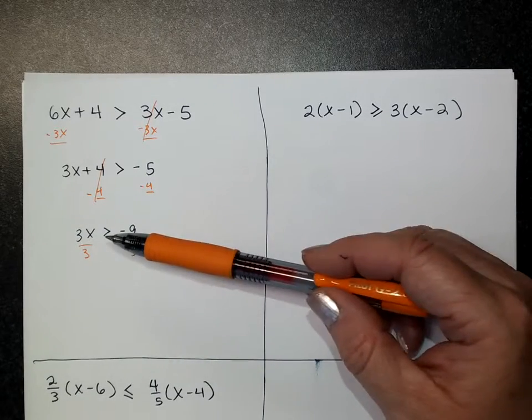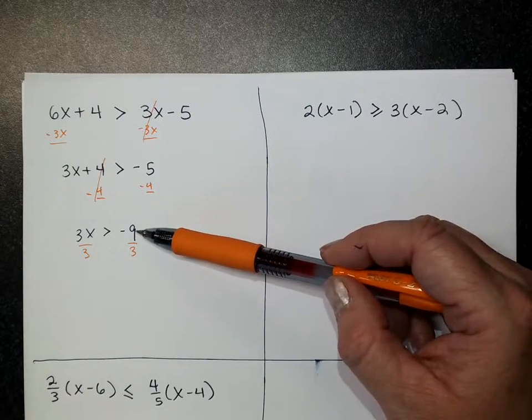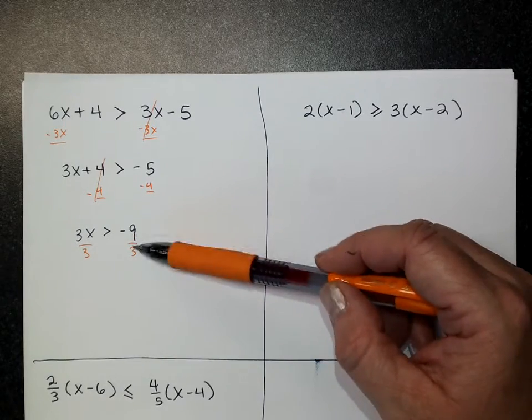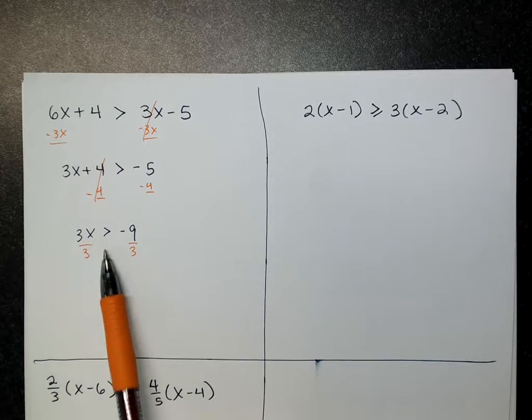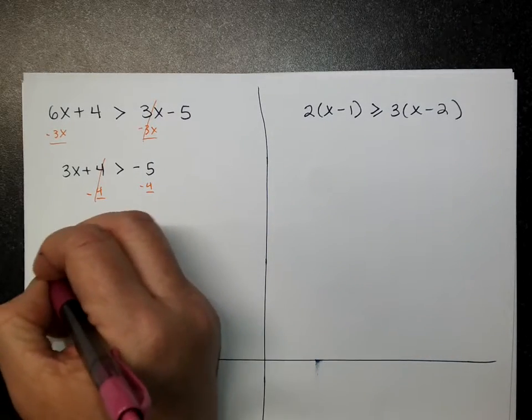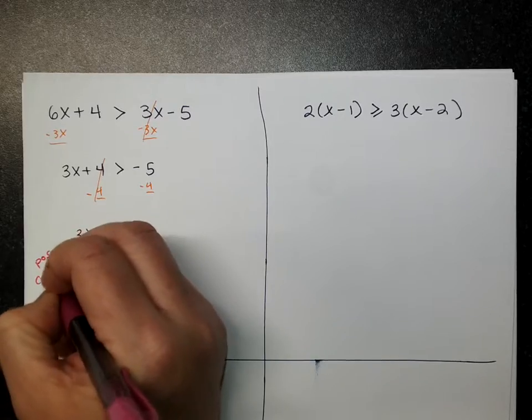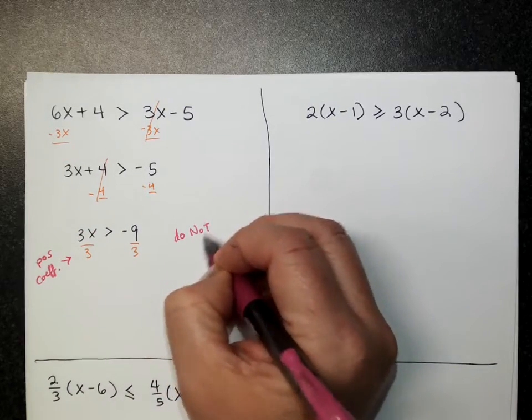Should I flip my symbol? No. It doesn't matter whether the answer is positive or negative. If the coefficient is positive, then you keep it just like it is. This is a positive coefficient. So do not flip the symbol.